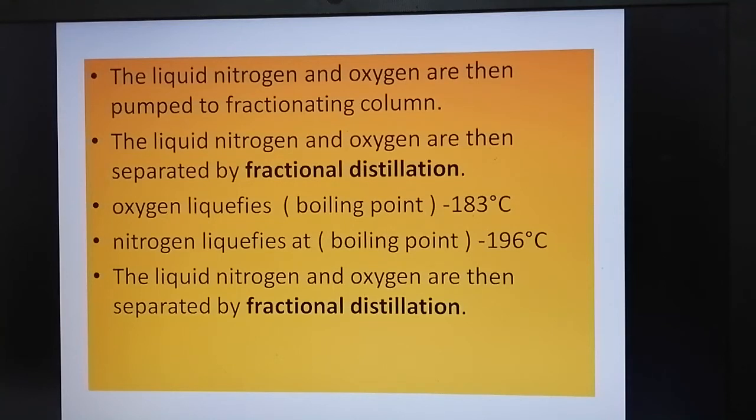Here we want only oxygen and nitrogen. When you see the boiling points of oxygen and nitrogen, you can understand which one will boil first and be collected first. Since they are negative values, nitrogen gas will boil off first, and it will be collected.